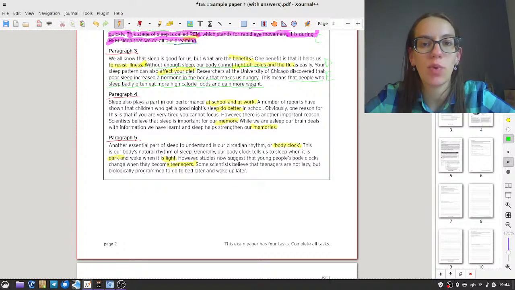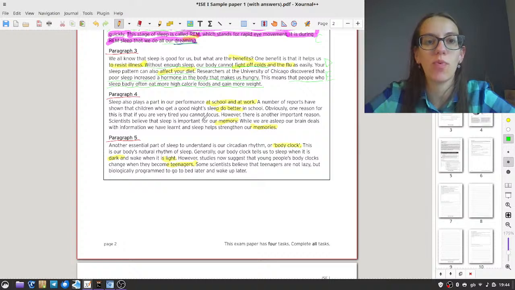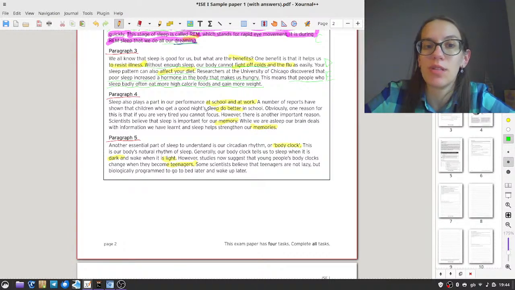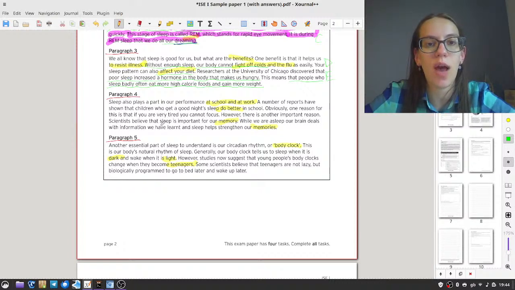So where can we find information about this? Important to, or not important, to sleep well after you learn something. So let's see. Sleep is important for our memory. When we are asleep, our brain deals with information we have learned.